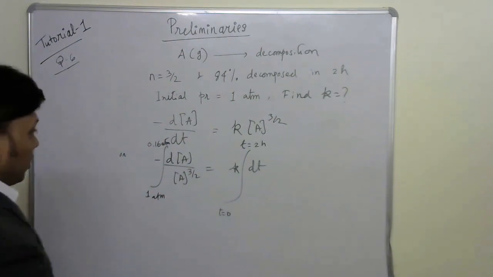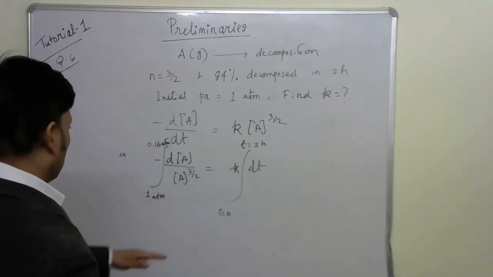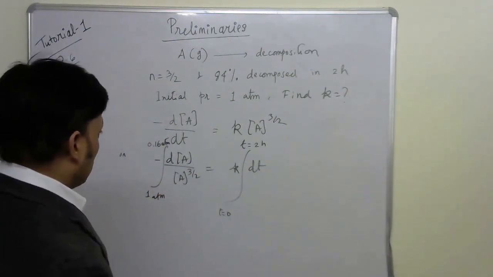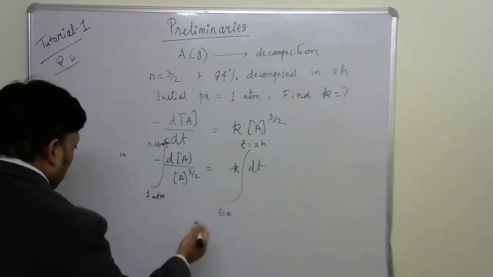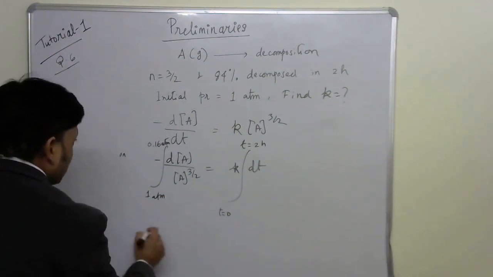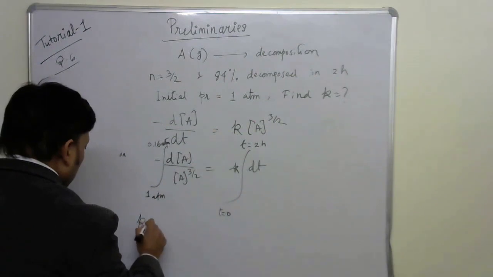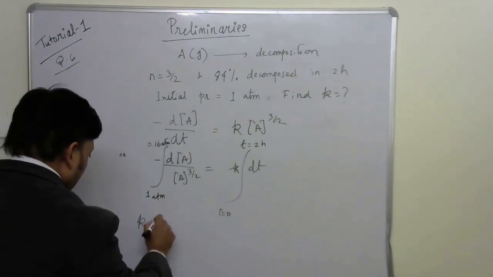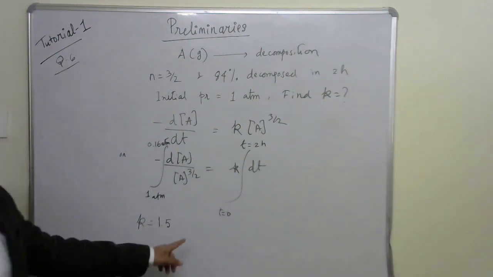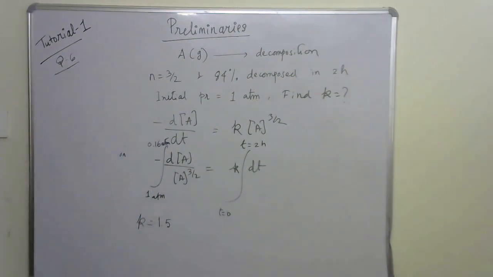So if we integrate that, finally your answer, that means the rate constant, should come out as 1.5, but this is only the numerical value. Now you have to put the correct unit.